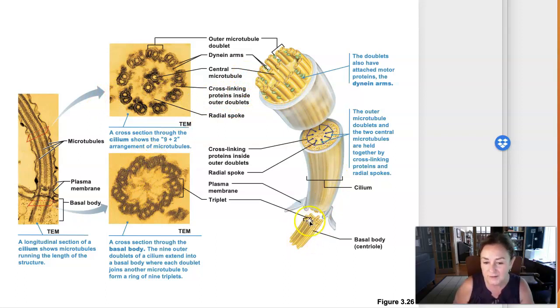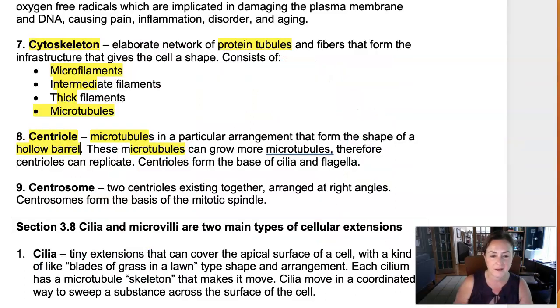And then what's right at the base, anchoring that cilium to the cell surface? Well, there's the centriole we just talked about. So centrioles are like strong anchor points in the cell. So we looked at centriole. Centrosome is just the two centrioles that exist together and form the base of the mitotic spindle.